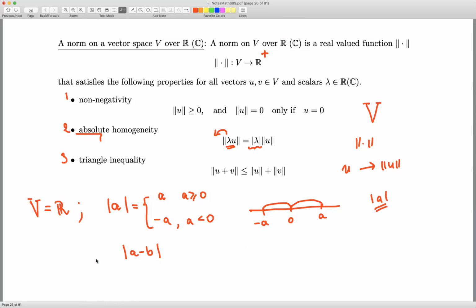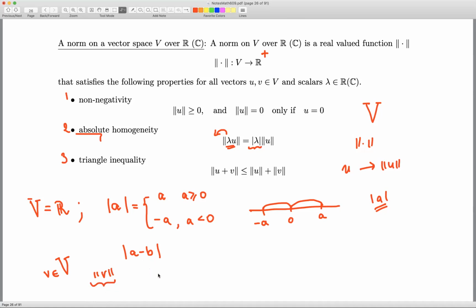Now, the question is, if we are in a very abstract case, when V is an element of an abstract vector space, then how do we measure the magnitude of a vector? We measure the magnitude of a vector by the norm of this vector.